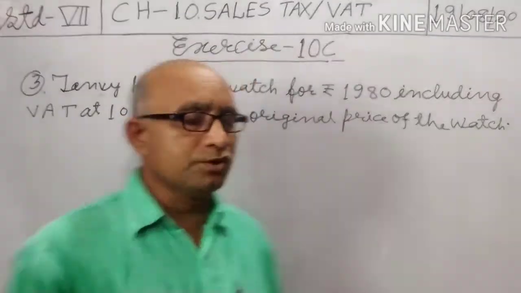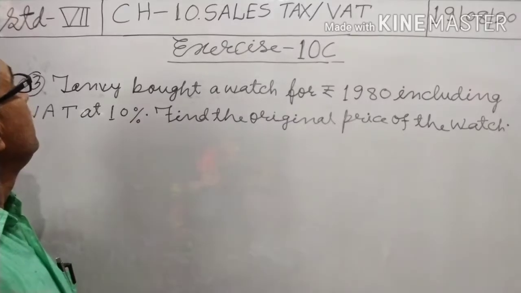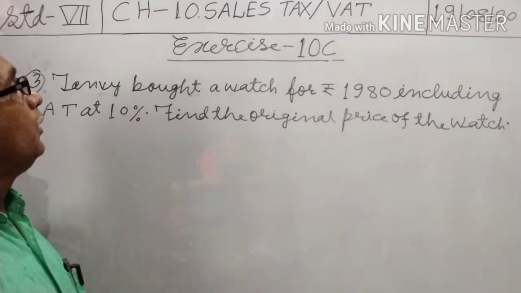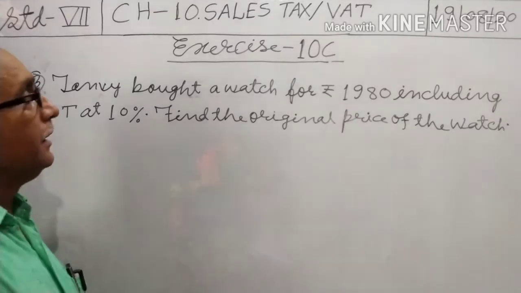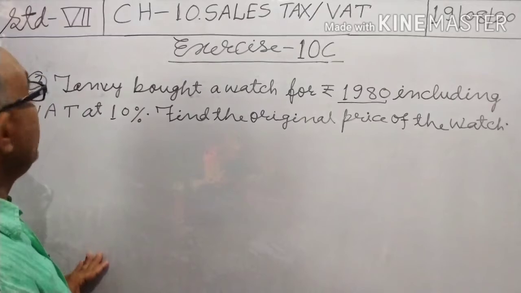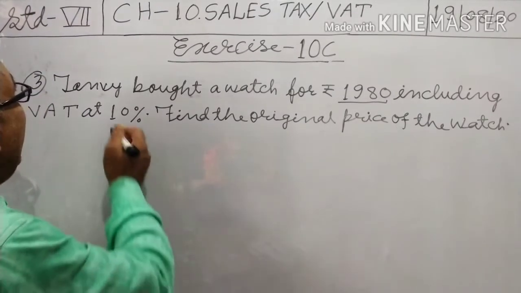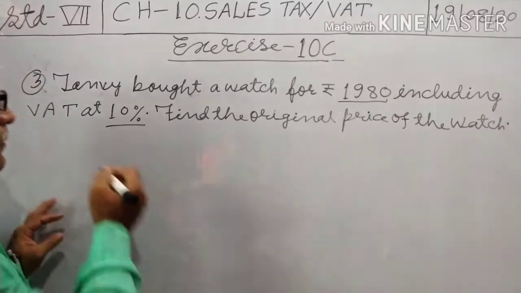Students, next question is question number 3 of exercise 10C. Tanvi bought a watch for rupees 1,980, including VAT at 10%. Find the original price of the watch.